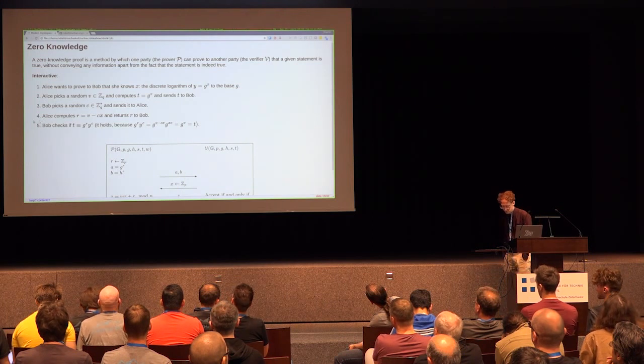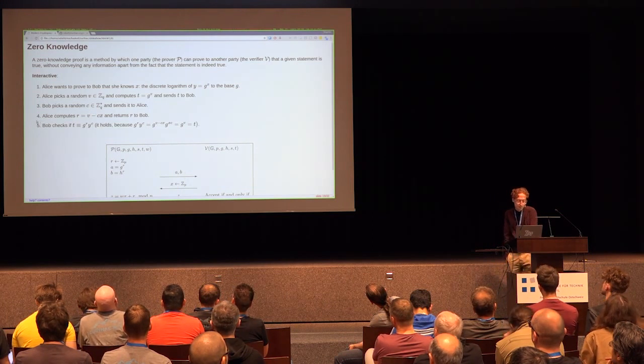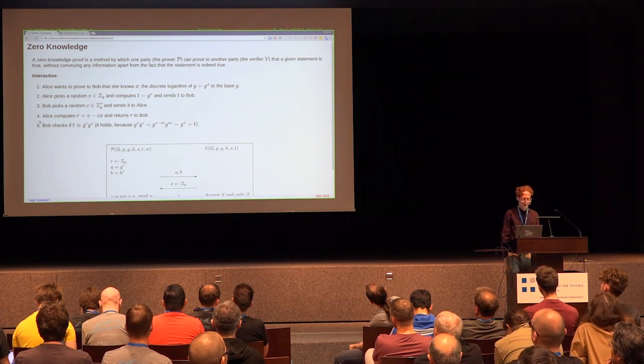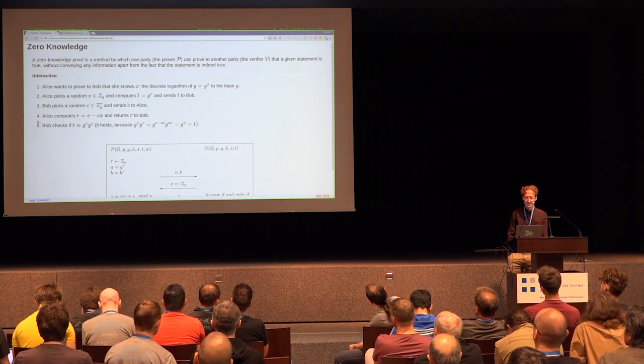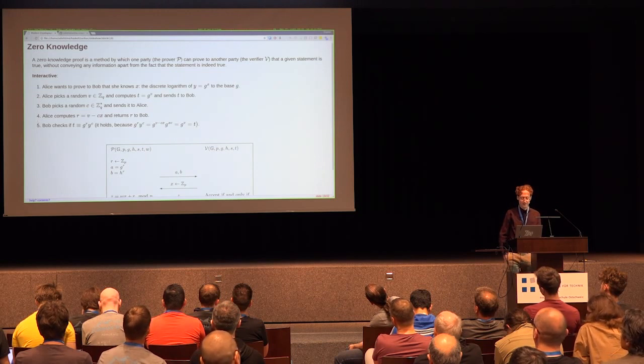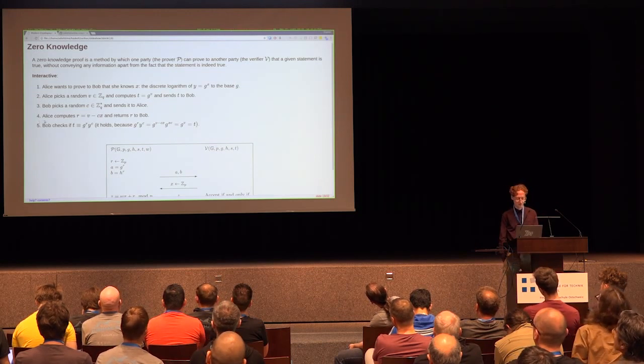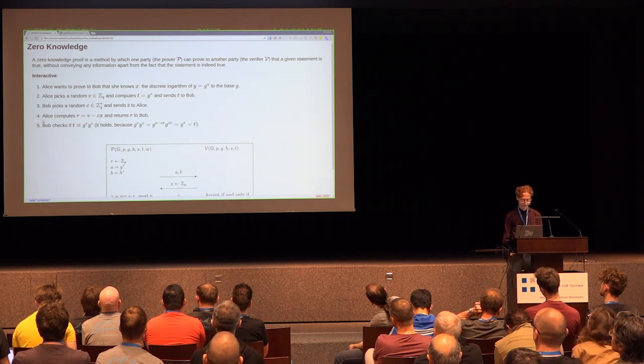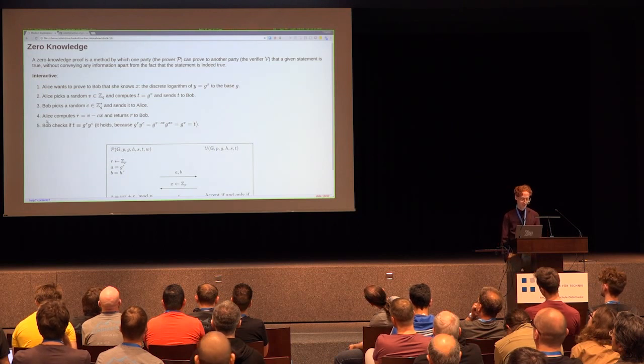So the dumbest kind of example that everybody starts with is Alice wants to prove to Bob that she knows the specific x, given a y that is the solution, or the discrete logarithm, of g to the x. So both Alice and Bob agree on the base point g.